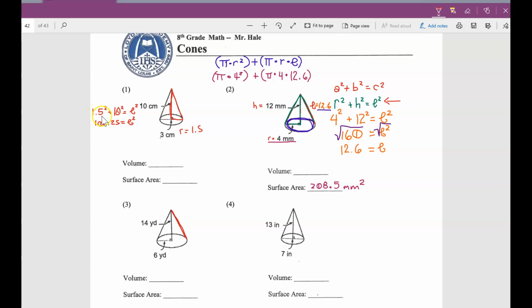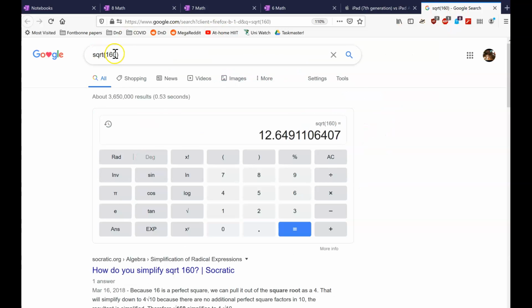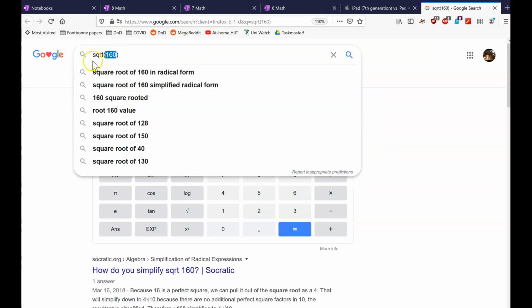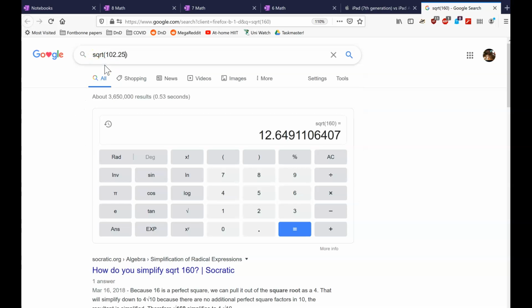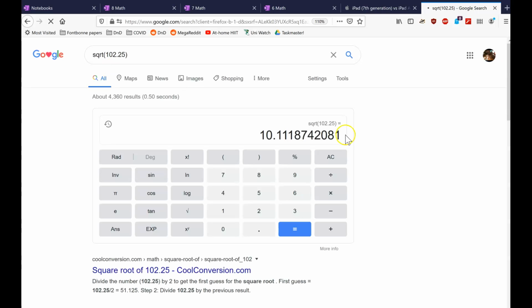Radius squared plus height squared equals slant squared. So our slant squared is 102.25. Let's find the square root of that. On Google, you can put SQRT parentheses and then put your number in those parentheses. Looks like our answer is 10.1.